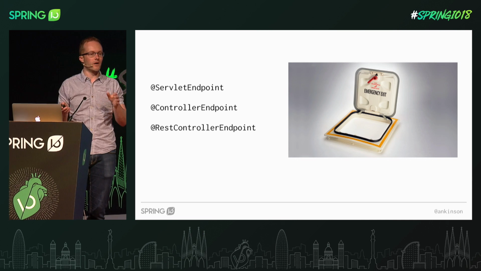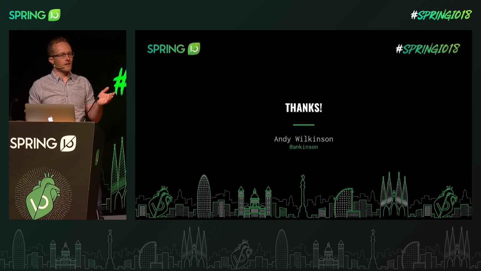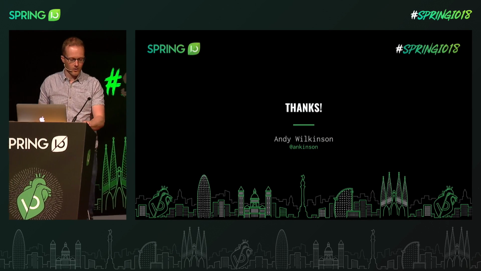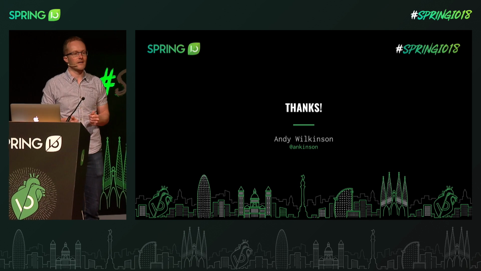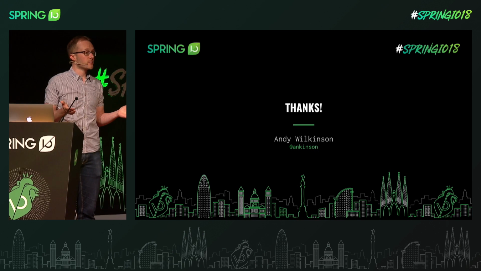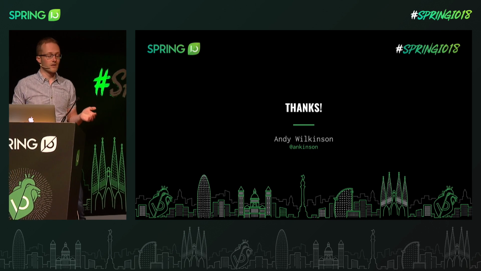Then they're a good choice. But other than that, stick to the standard infrastructure. And that is pretty much all I had. Hopefully that gives you the information that you need to go off and make use of Spring Boot 2.0's actuator and also to start writing your own endpoints.